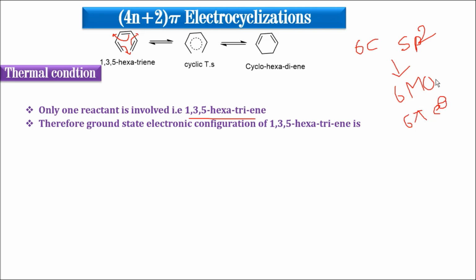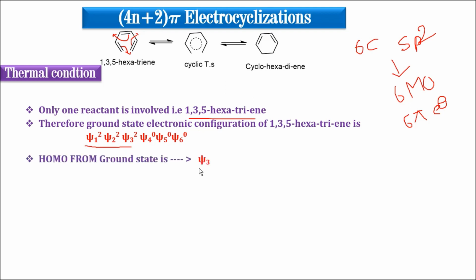Each orbital can have 2 electrons. Therefore the electronic configuration is psi1 2, psi2 2, psi3 2, psi4 0, psi5 0, psi6 0. Here 3 orbitals have electrons, and the highest energy orbital among them is psi3. Therefore the ground state HOMO is psi3.